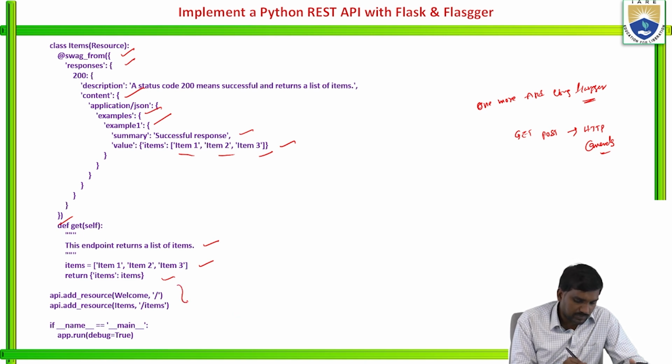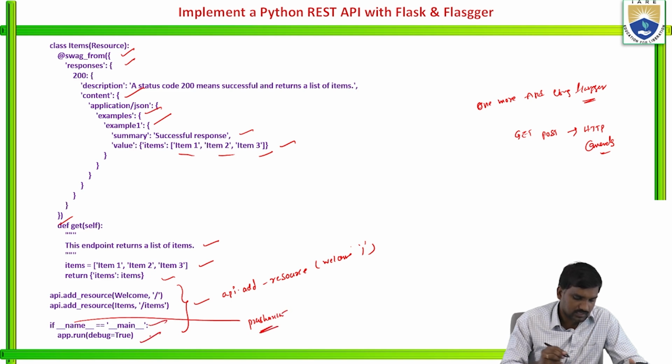The last one, the welcome message here. api.add_resource fetches the information from the resources, that is Welcome at slash, so api.add_resource for Items. Then the if __name__ == '__main__': app.run(debug=True).